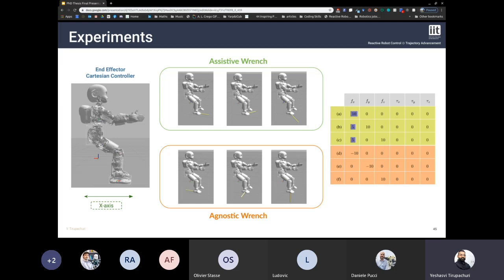At this point, we can consider simple interaction wrenches in simulation, where if the direction of motion is along the positive x direction, and there exists an interaction wrench in this direction, then that interaction wrench can be categorized as an assistive wrench. Any other wrench which does not have any component in the direction of motion is considered to be agnostic, that does not have any effect on trajectory advancement.